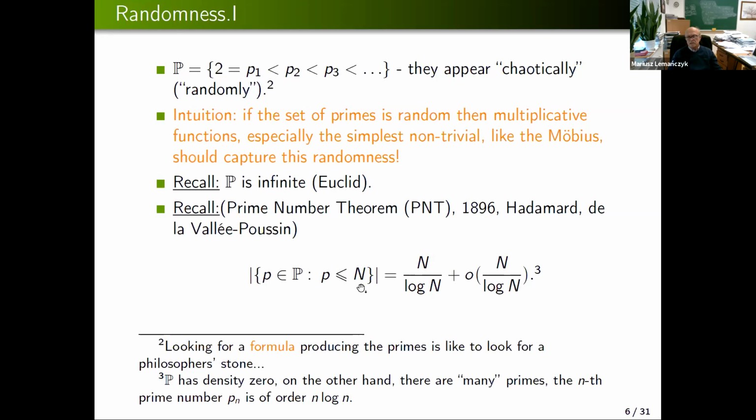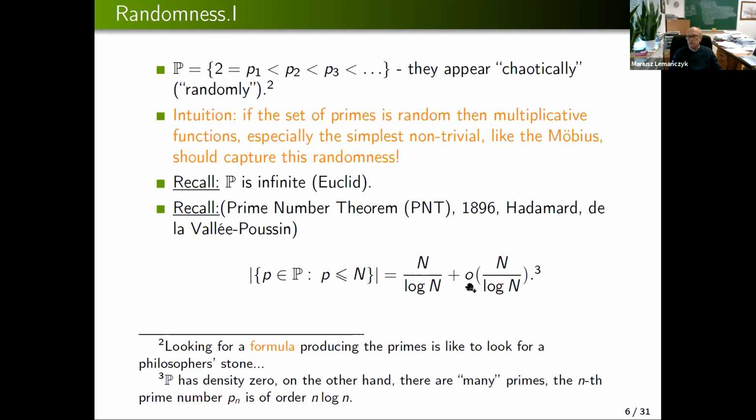What is behind the prime number theorem is the answer to the following question. We take all numbers between 1 and capital N, and we would like to see how many of them are primes. And the answer is that we see N divided by log N prime numbers plus an error.